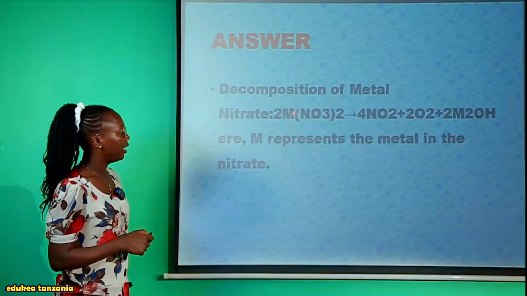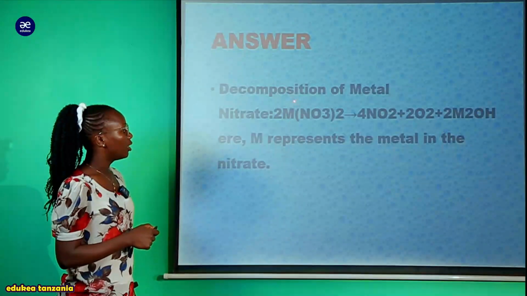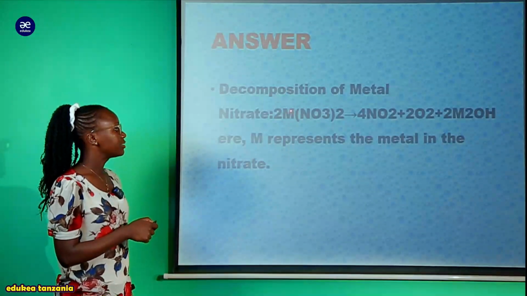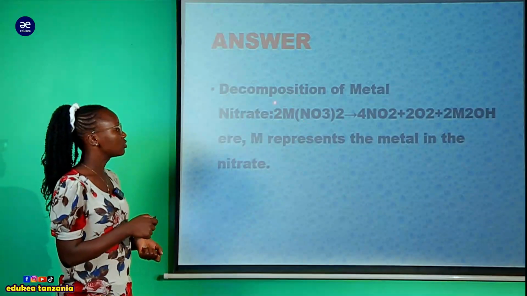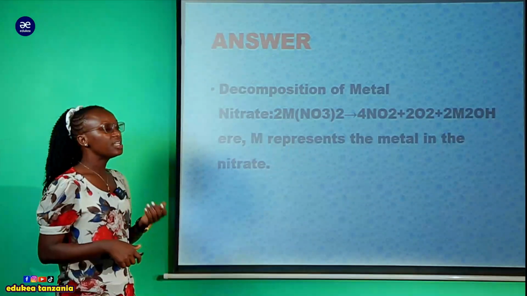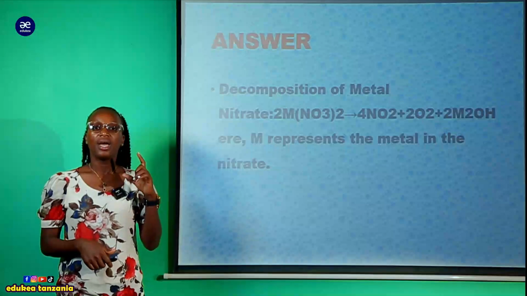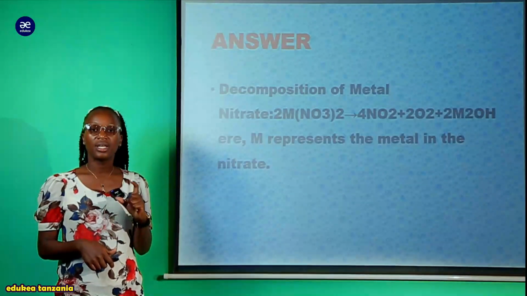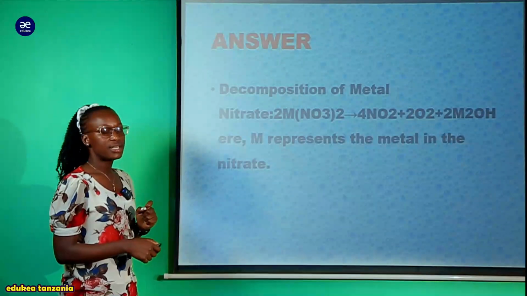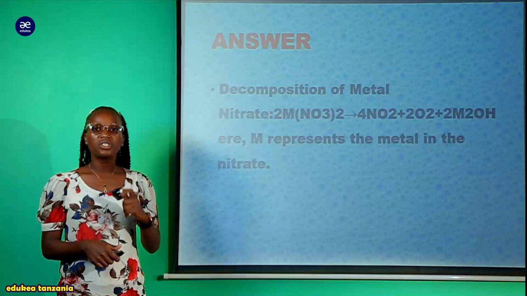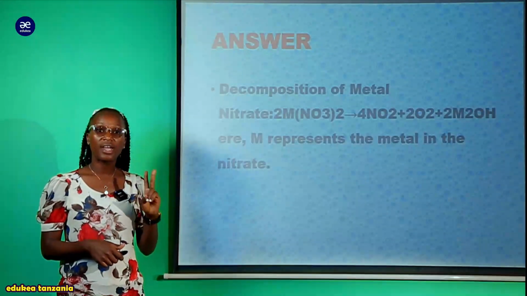So this is 2 moles of metal nitrate. Capital letter M represents the metal. It decomposes. We are going to have the brown fumes of nitrogen dioxide gas, but also oxygen gas. But remember, decomposition of metal nitrate can give 2 kinds of product.